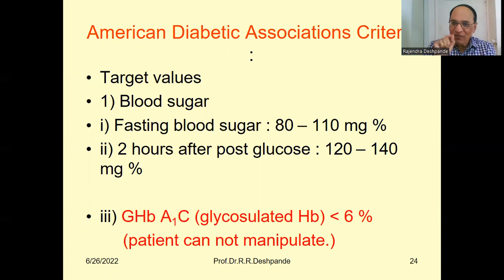Write down, average sugar control level in the last 3 months. So the patient cannot manipulate this particular test. Every 3 months, every patient should do the glycosylated hemoglobin test, which will be impartial, where you cannot manipulate that number.